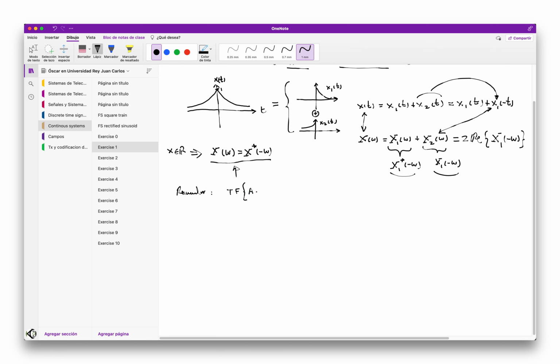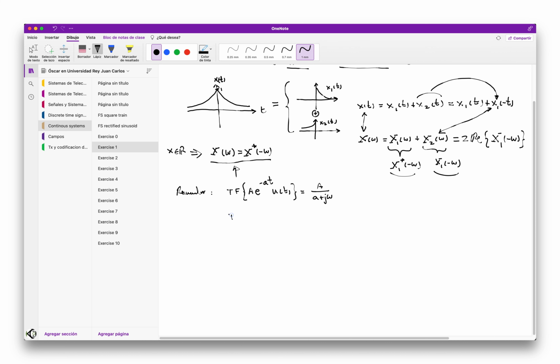We calculated in previous exercises that the Fourier transform of this is a divided by a plus j omega. And this is very, very similar to what we have.